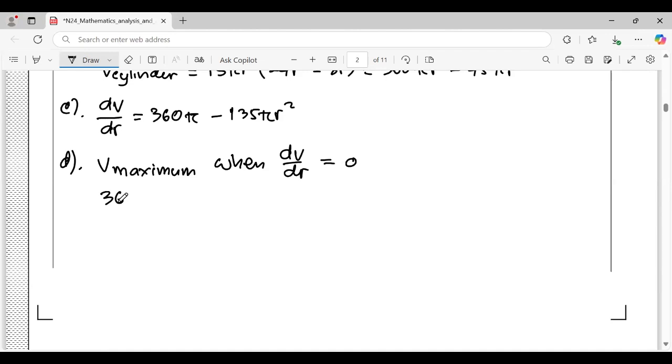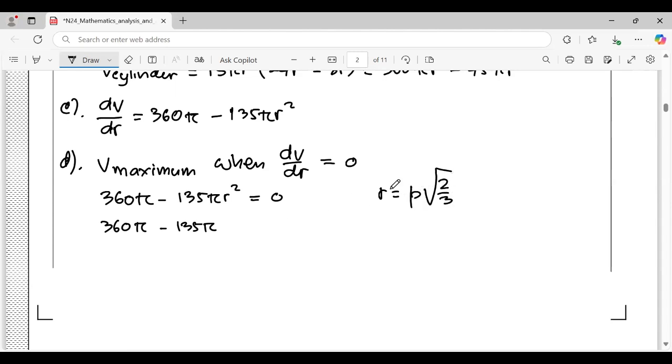So 360 pi minus 135 pi r squared equals 0. According to the information, r equals p square root 2/3.